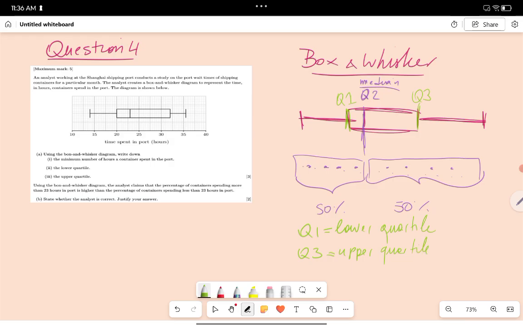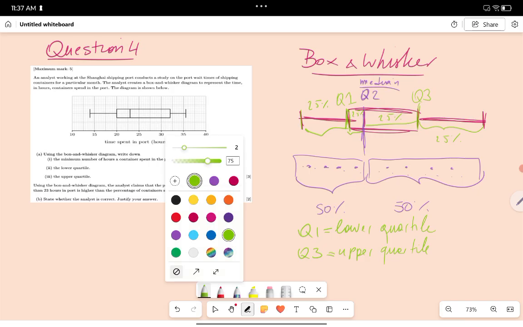Okay, so basically that means that Q1 is in the middle of this and Q2. So there will be 25% on the left of Q1 and 25% between Q1 and Q2. And likewise, there will be 25% between Q3 and Q2, and 25% of the data between Q3 and the last bit.